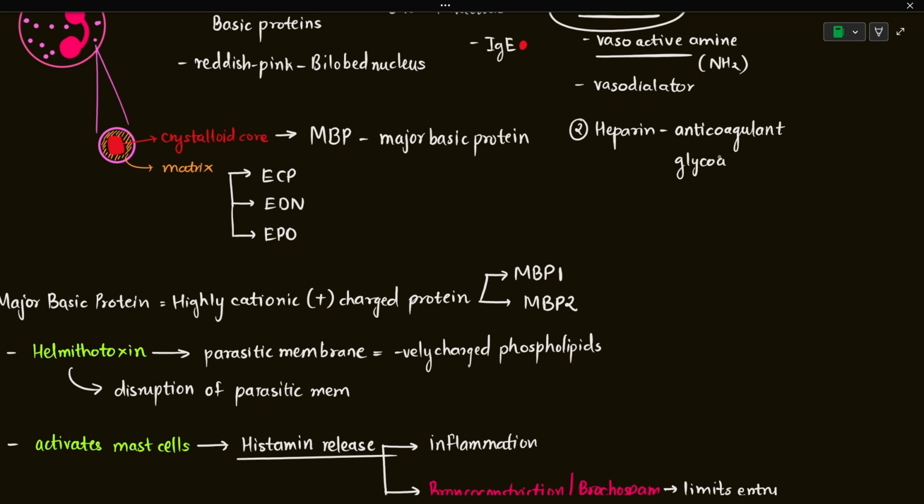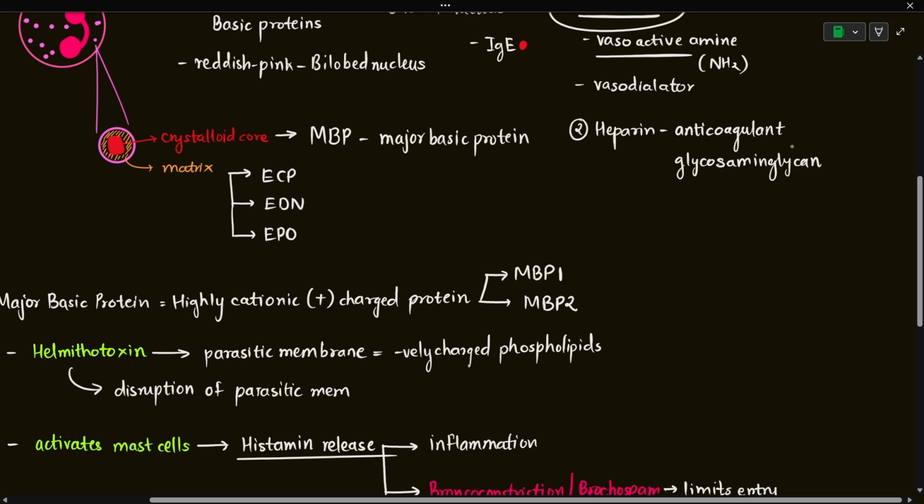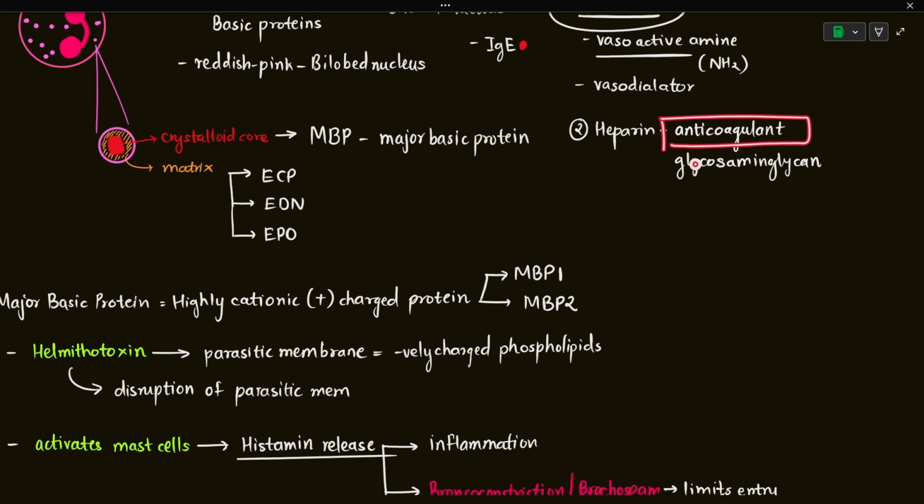It is a glycosaminoglycan molecule which has anticoagulant property. So why is heparin, which is an anticoagulant, released by the basophils? Because it is an anticoagulant, meaning it has the capacity to prevent clot formation. Coagulation means clot formation, so heparin release will result in prevention of clot formation.